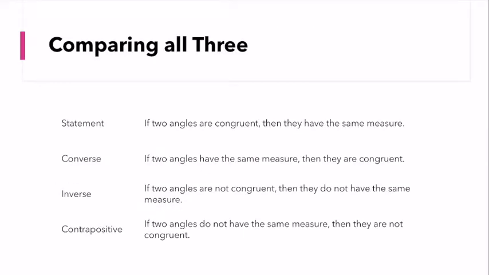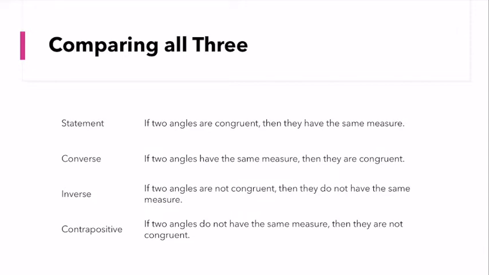So here's first off a comparing of all three. So I have a statement that if two angles are congruent, then they have the same measure, right? We're relating this back to geometry. That's where we start to see a lot of use of inverse, contrapositive, and converse is in geometry. So let me write this in symbols.